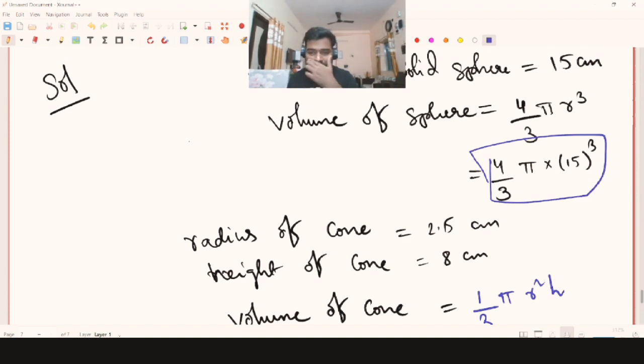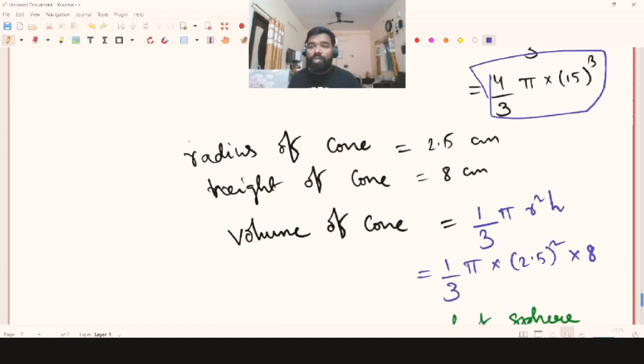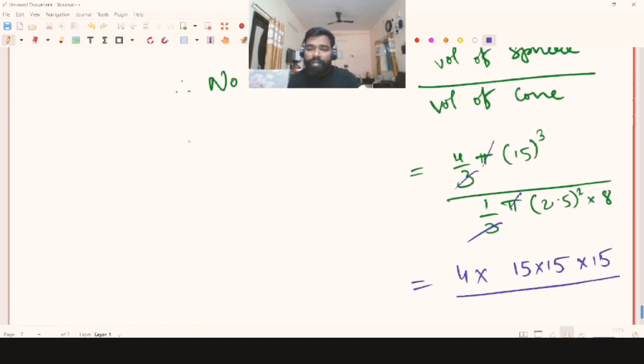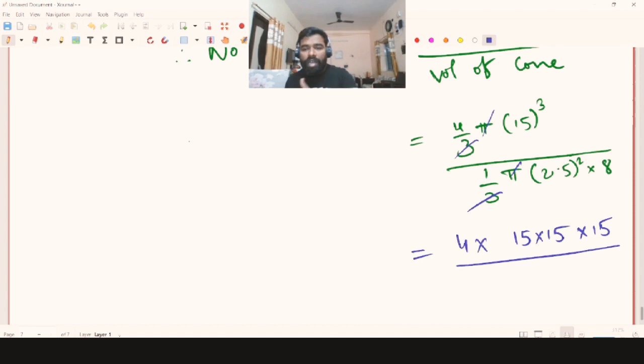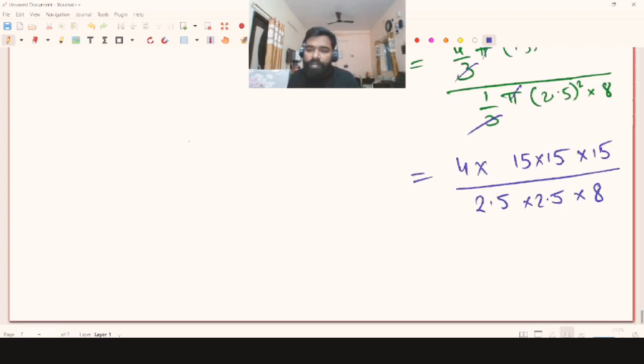We don't have that much time in the exam hall. So whenever you solve this kind of sum, let the expression continue, and in the end directly cancel, and whatever simplified values you have, then multiply those. Otherwise it will take a lot of time.